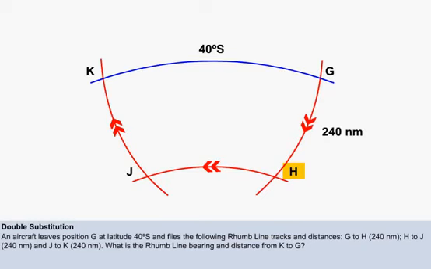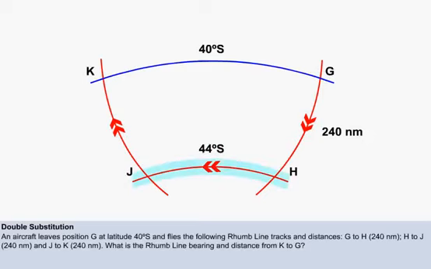240 nautical miles down a meridian equates to a change of latitude of 4 degrees. It's simply 240 divided by 60. So H is at latitude 44 south. Our method will now be to find the change of longitude from H to J from the departure.